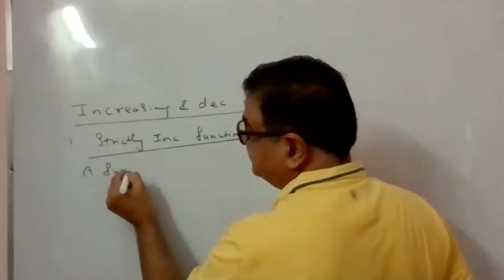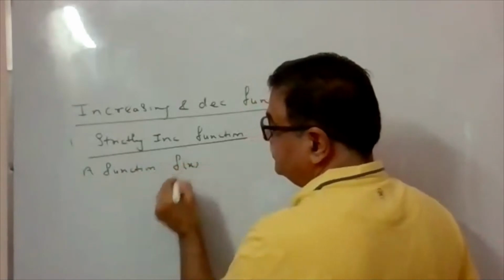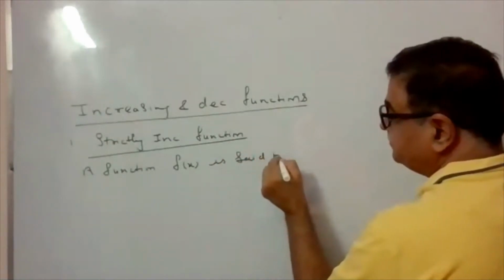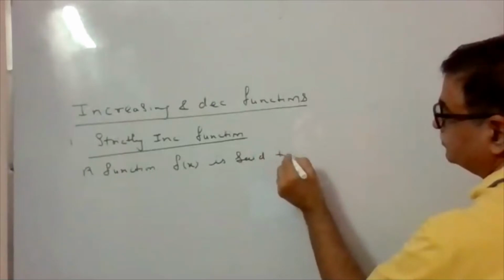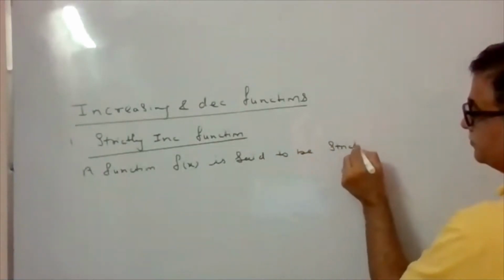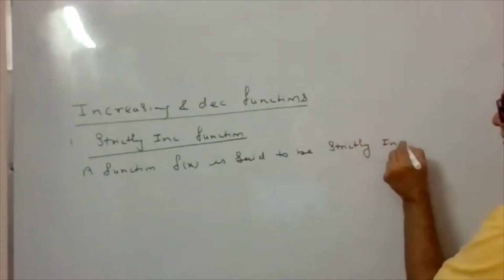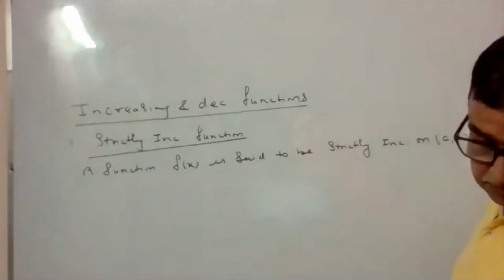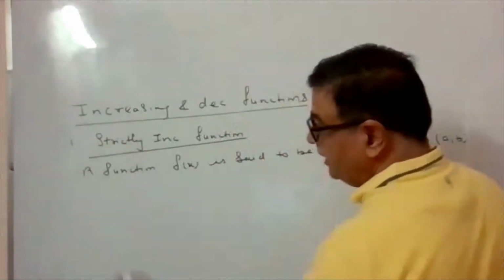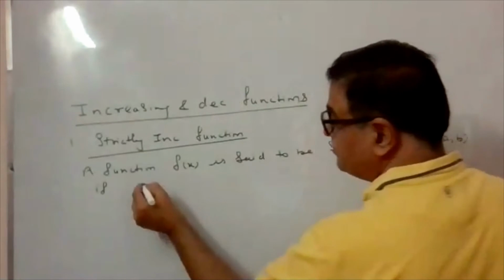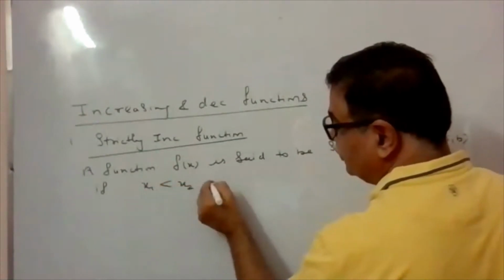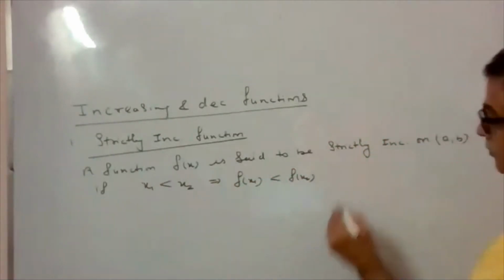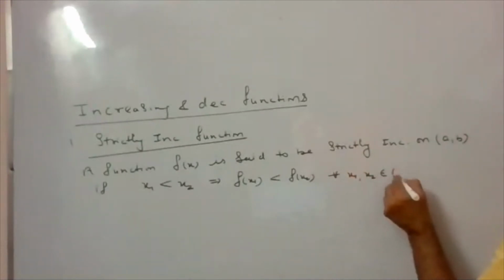A function f(x) is said to be strictly increasing on open interval (a, b) if, what condition comes, just note here, if x1 is less than x2 implies f(x1) is less than f(x2) for all x1 and x2 belongs to (a, b).